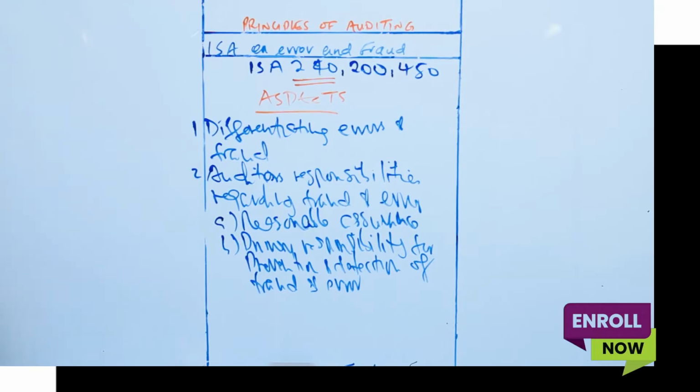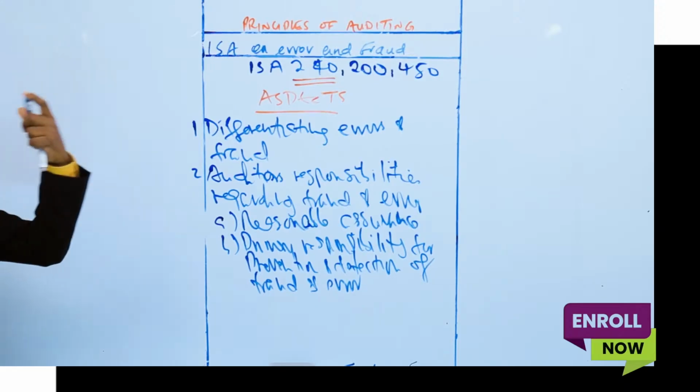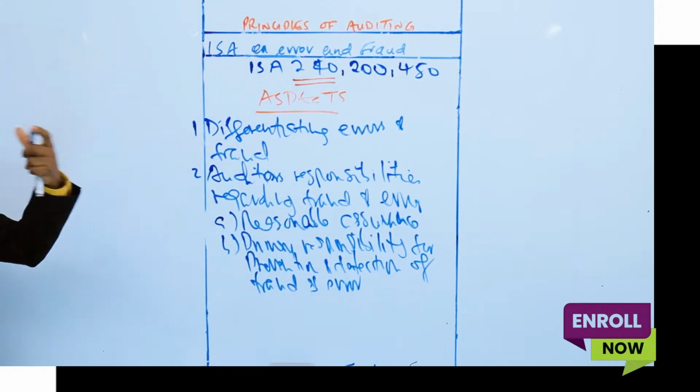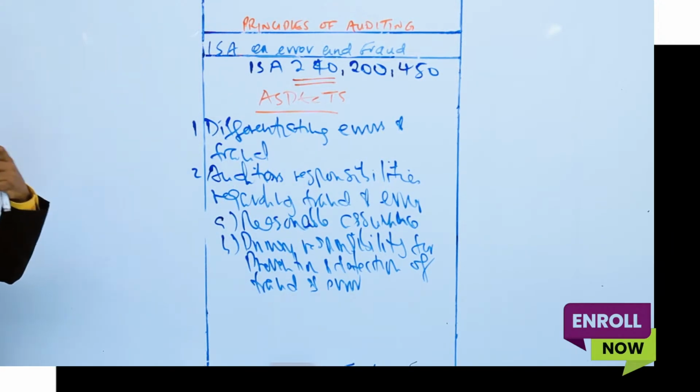The standard acknowledges that the risk of not detecting material misstatement resulting from fraud is higher compared to that resulting from error. The risk, I repeat, according to ISA 240, of not detecting a material misstatement resulting from fraud is higher than the risk of not detecting one resulting from error.